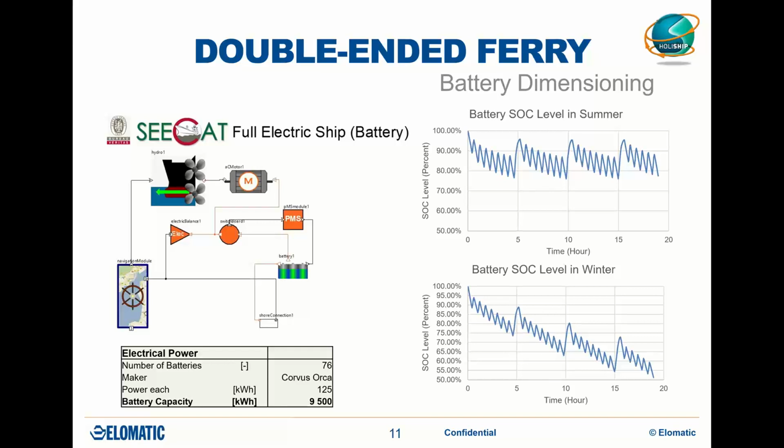An interesting thing that we found out was that according to the Classification Society, the state of charge must be at least 50% at each point. And based on this information, the batteries were sized based on the winter state of charge levels, where the power consumption is higher due to ice resistance.